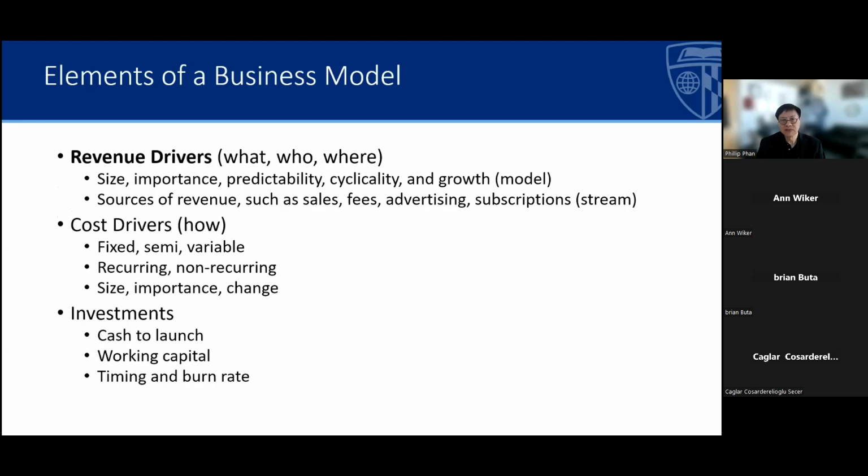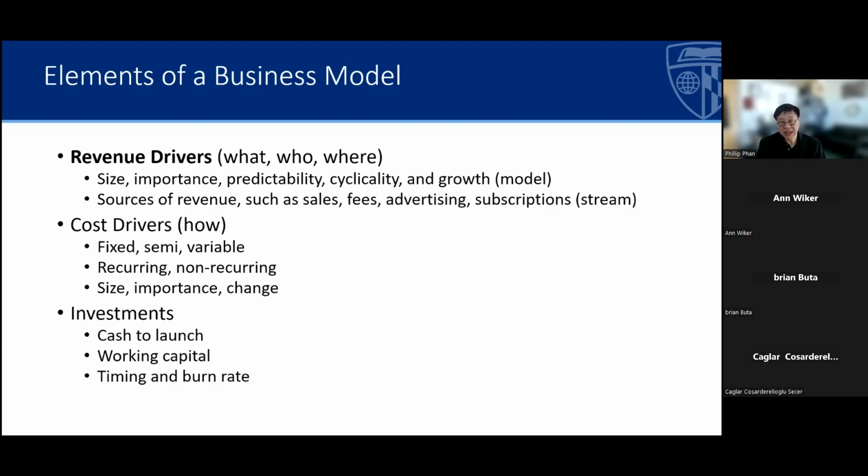So as I said, focusing on the revenue drivers, there are two major dimensions of revenue that you really want to pay attention to. The first, obviously, would be the size, how important the particular revenue stream is. How many revenue streams, or the combination of revenue streams, which is the second bullet point. How predictable your revenue is, how cyclical or non-cyclical it is, and whether it's growing or not.